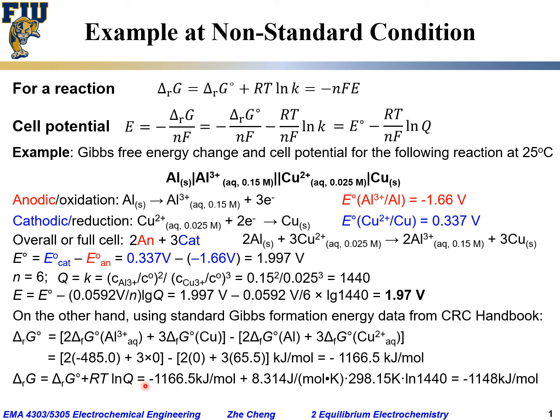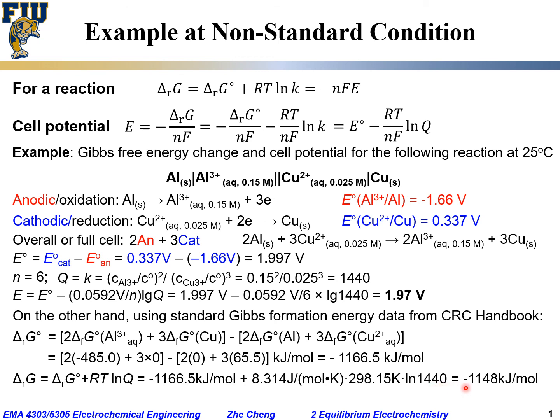And you plug the numbers in: T, of course, 25 degrees C, 298 Kelvin, R is 8.314 joule per mole per Kelvin, and the natural log of 1440.